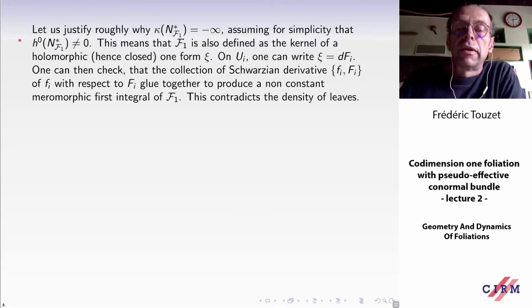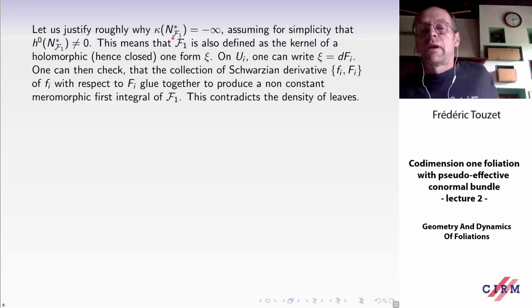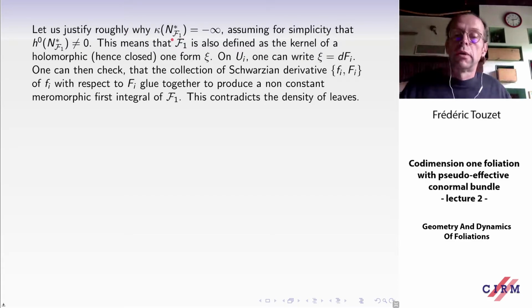Okay, so it turns out that this foliation satisfies non-abundance principles. I've seen it is a foliation with pseudo-effective conormal bundle, and it turns out that the Kodaira dimension of this conormal bundle is minus infinity, and the reason is rather simple.